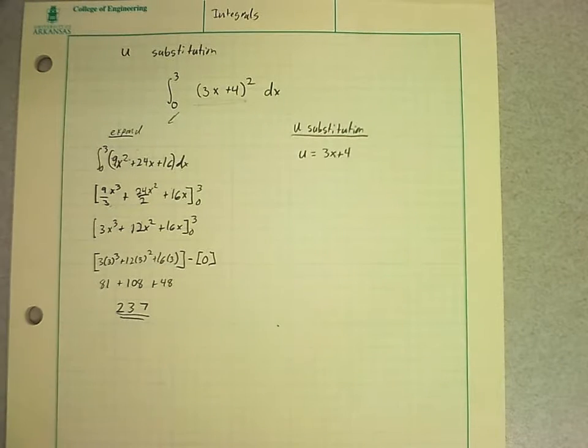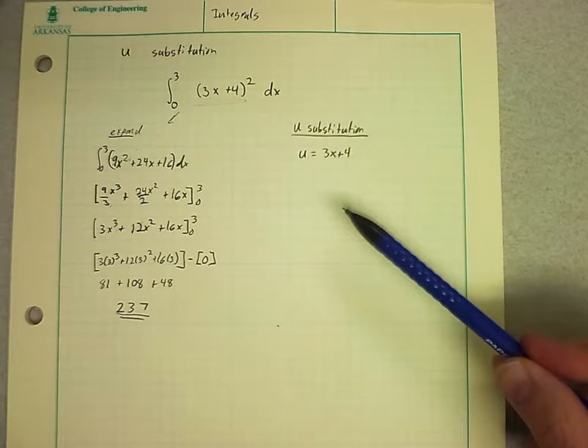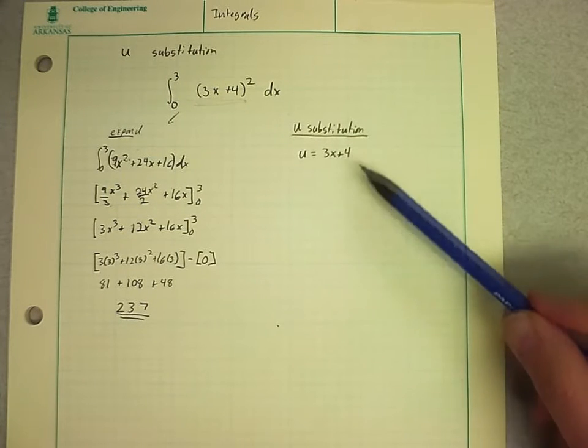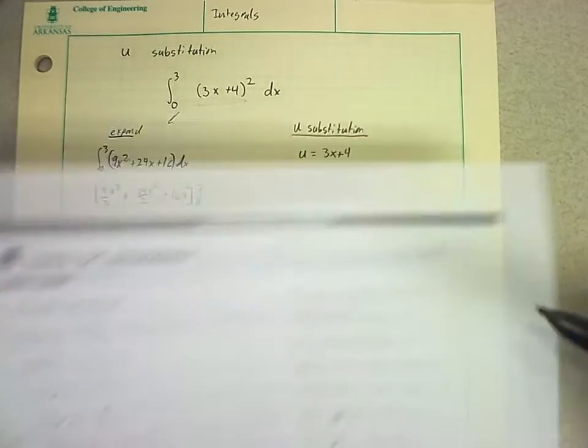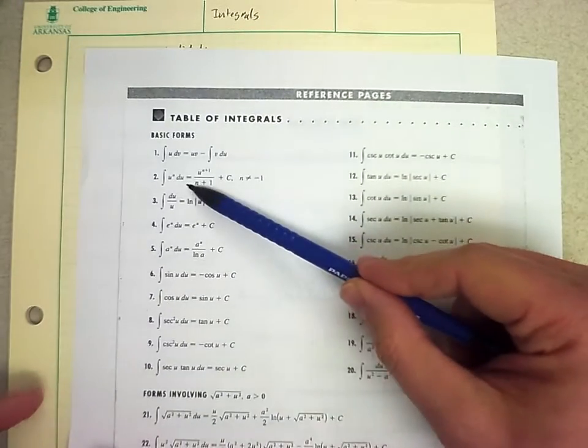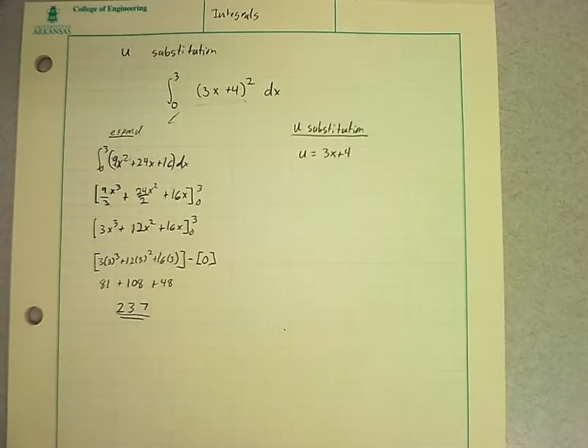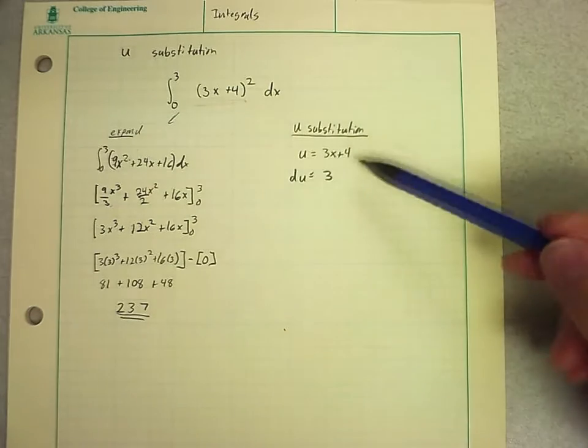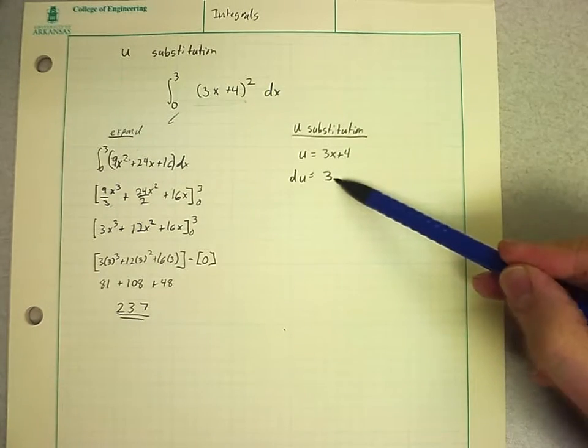And remember, whenever we're doing our integrals, we have to have an integral with respect to U, du. So I need to get what du is, which is the derivative. And of course, if I take the derivative of this, I just get that it's 3.